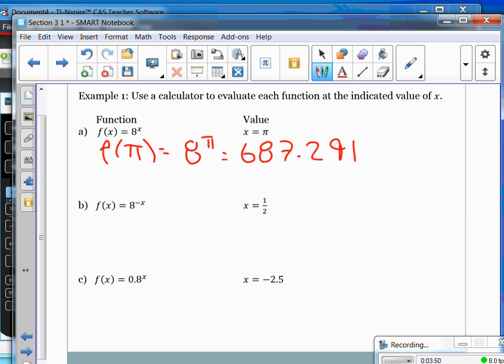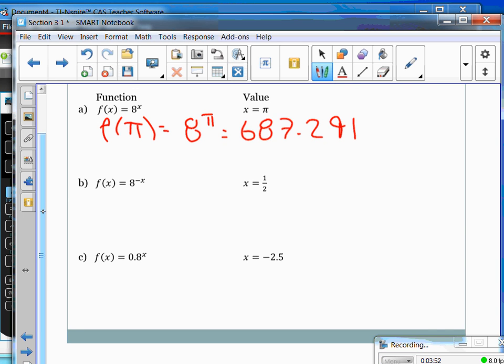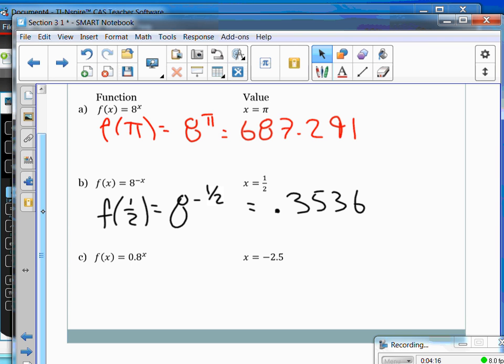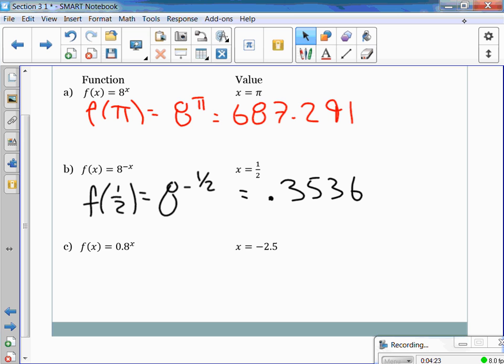What about this one? Figure out to how many decimal places your calculator says, at least 4. So here we come up with a smaller number.